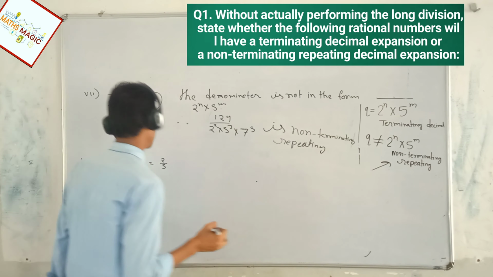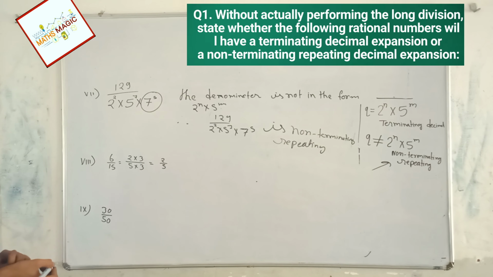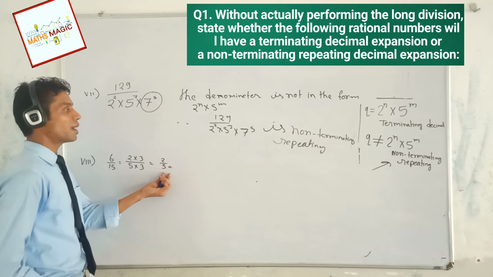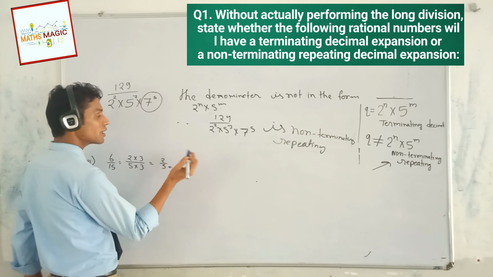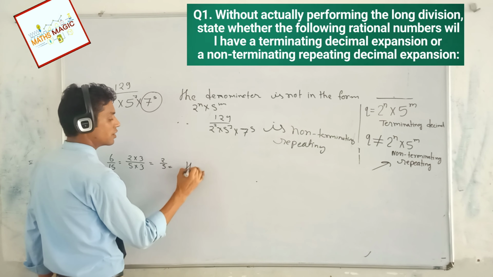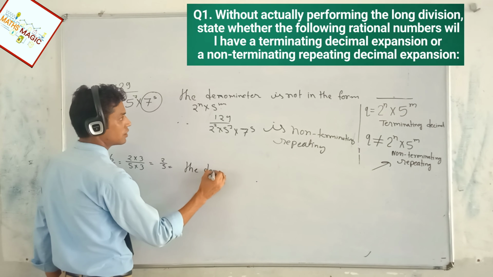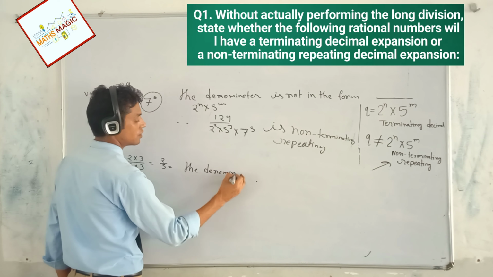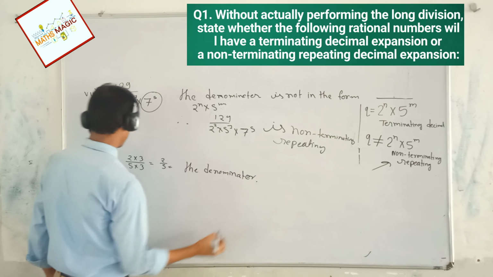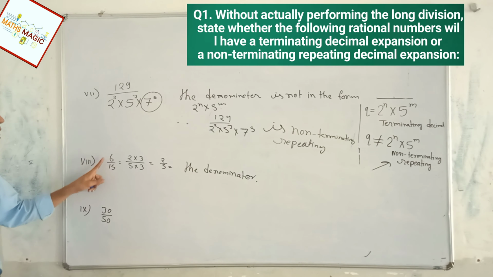Similarly, see this question. Here the denominator is 5. So we can say this is in the form 2^n 5^m. The question is 6 by 15.